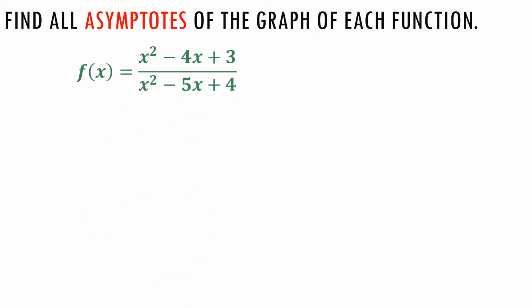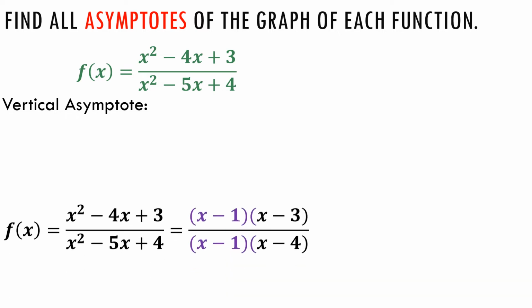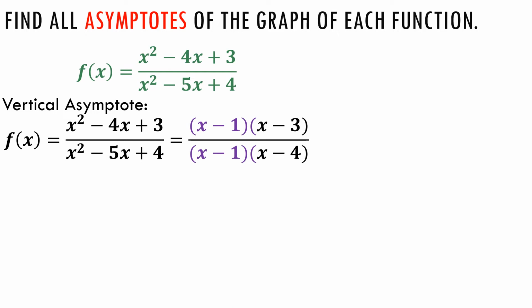Here's the last example for finding the asymptotes of a rational function. We have f of x equals x squared minus 4x plus 3 all over x squared minus 5x plus 4. Since we can factor the numerator and denominator, let's factor this and then simplify. The factors for the numerator are x minus 1 and x minus 3.